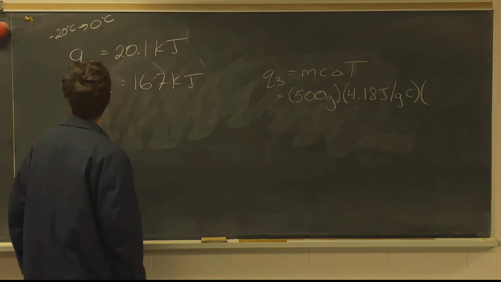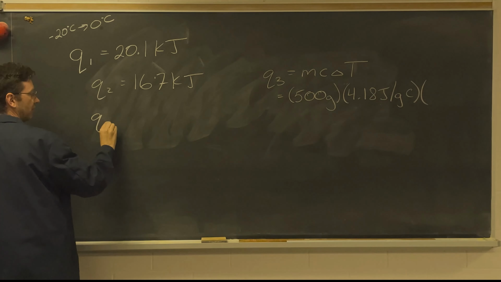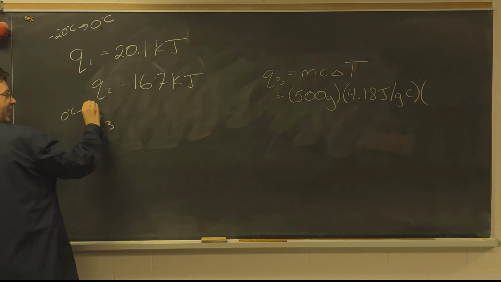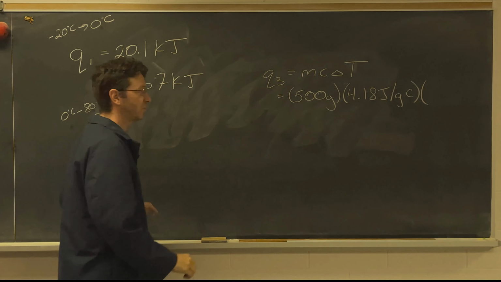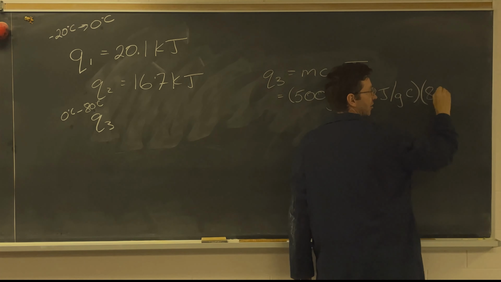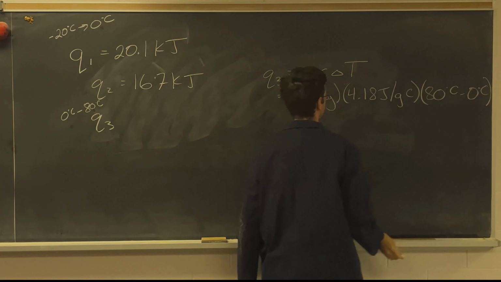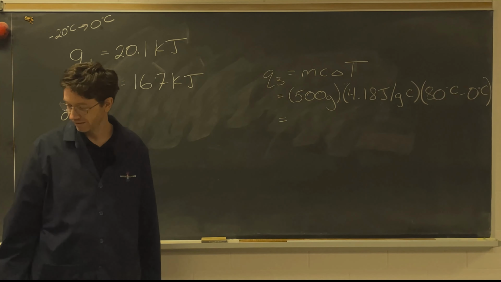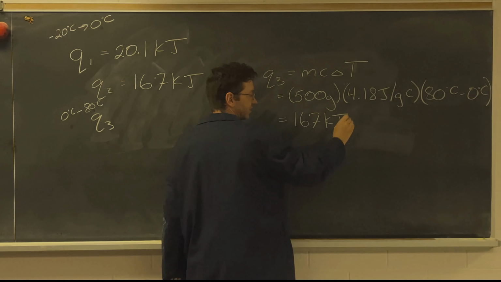And our temperature change for Q3, we are going from 0 degrees to 80 degrees. So final minus initial. So 80 minus 0, well, it's just 80. And when we plug that into your calculator, we will get 167 kilojoules.